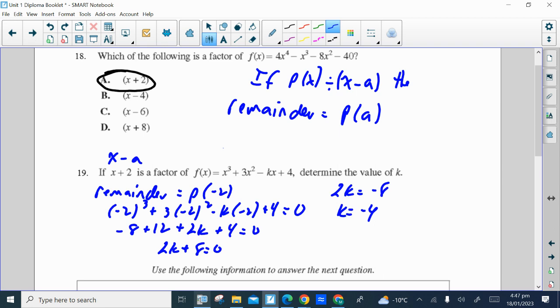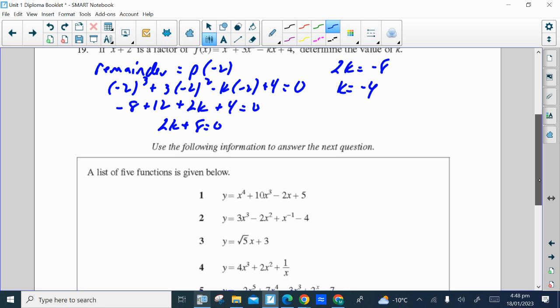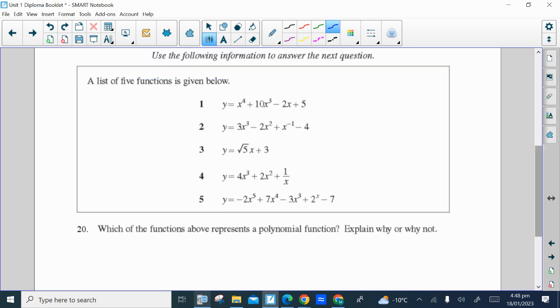That's what the remainder theorem says. And in this question, because x plus 2 is a factor, the remainder would be 0. That's why we let p at a equal 0.